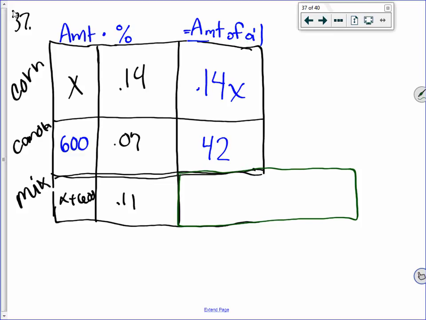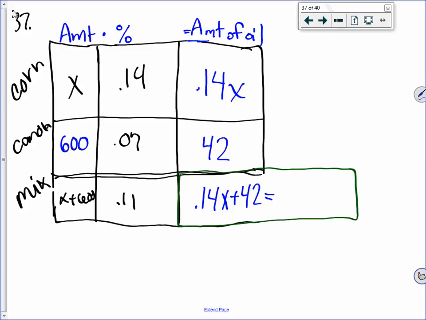We put 0.14x plus 42. What does that equal? Do you actually write what it equals? Yep. And then what does it equal?